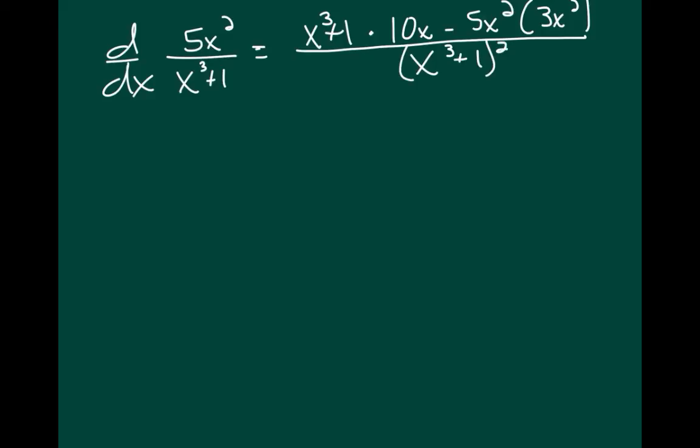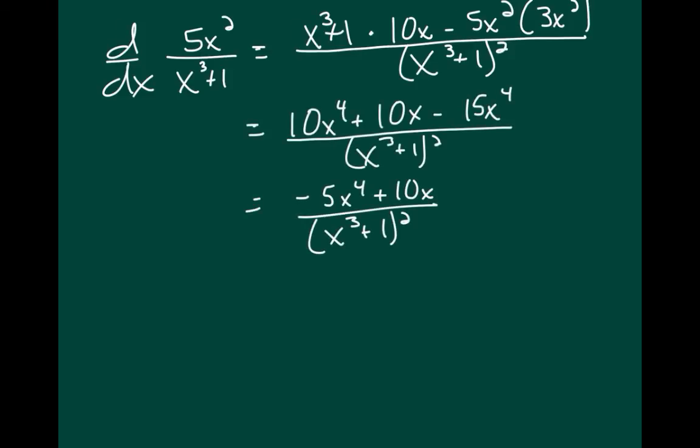Now, in calc, we tend to not simplify things, but maybe just simplifying a bit in the numerator would be okay. Let's see what that looks like. Okay, so the numerator simplifies to the binomial negative 5x to the fourth plus 10x, and then we're not going to bother to expand the denominator, just leave it the way it is.